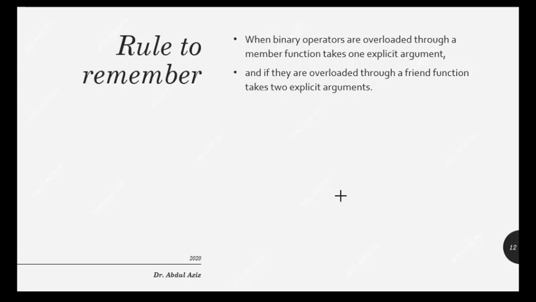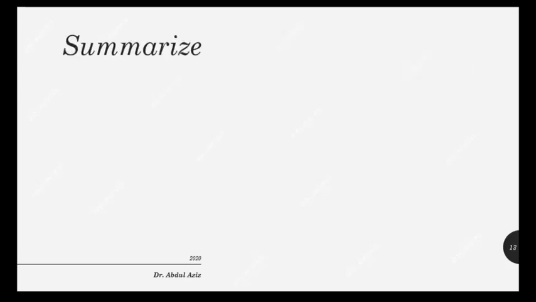And if you are overloading the operator using a friend function, you need to pass two arguments. So this is the rule that you need to remember. I hope this will help you in understanding the concept of operator overloading.